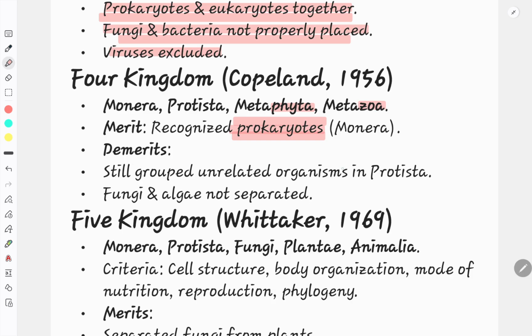What were the demerits? In Protista there were still organisms which were not classified properly. The fungi and algae were not separated.